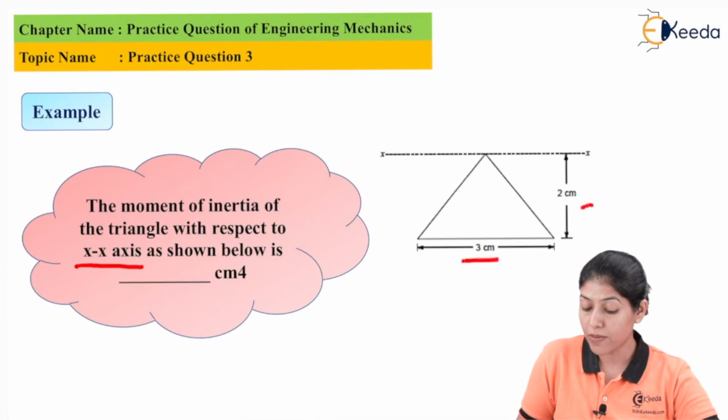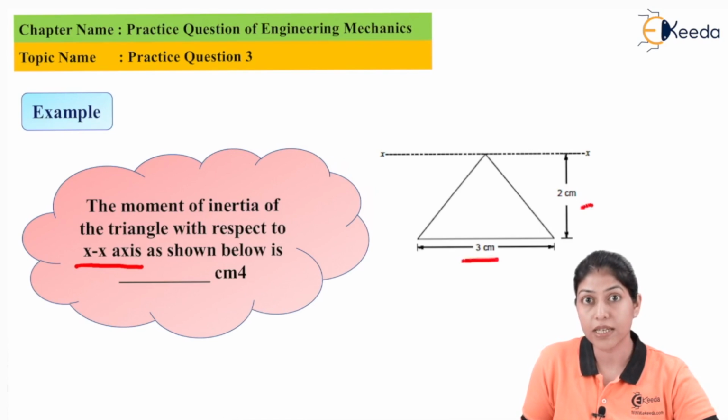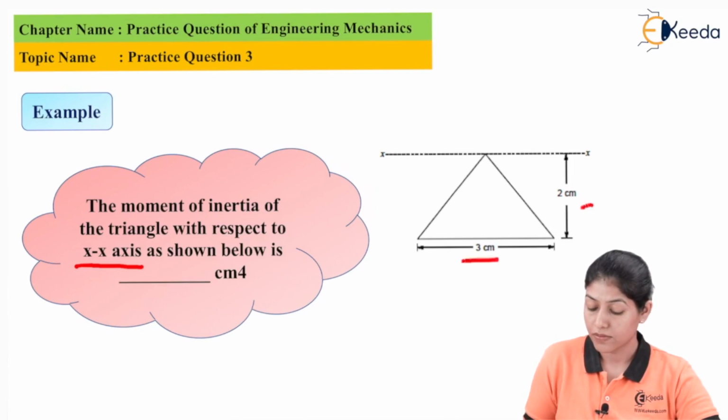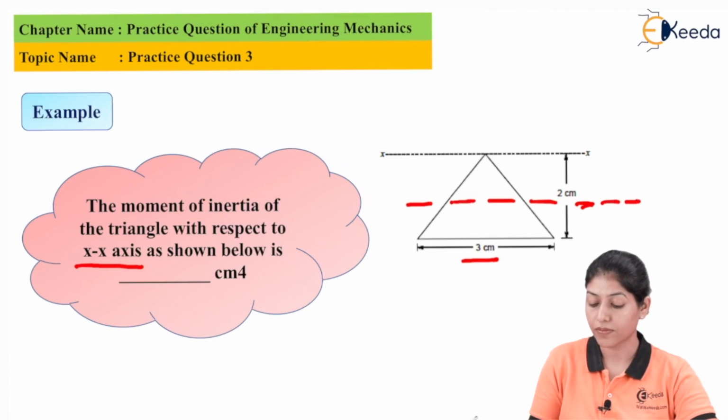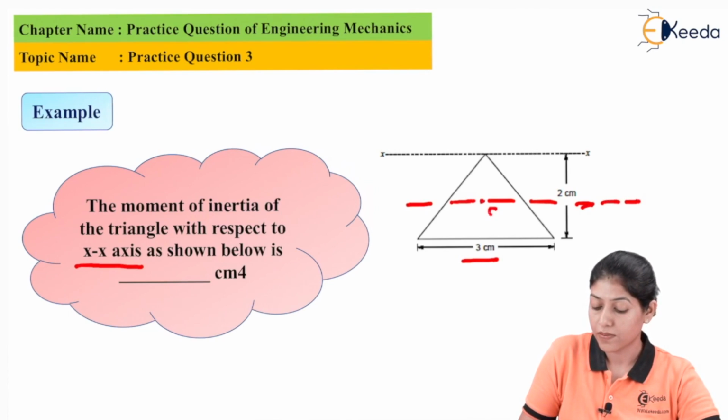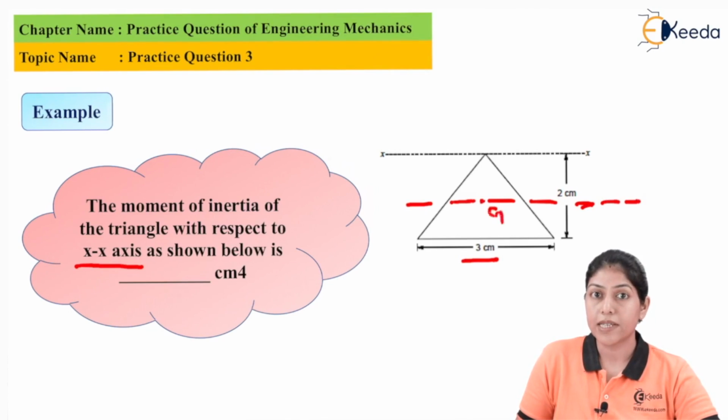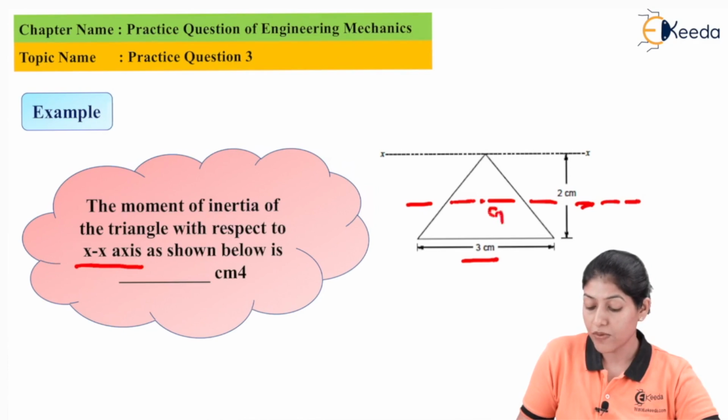If we want to determine the moment of inertia value about the axis which is passing through centroid in x direction, so that will be x axis. Let us consider the point G we are considering here at this particular point.